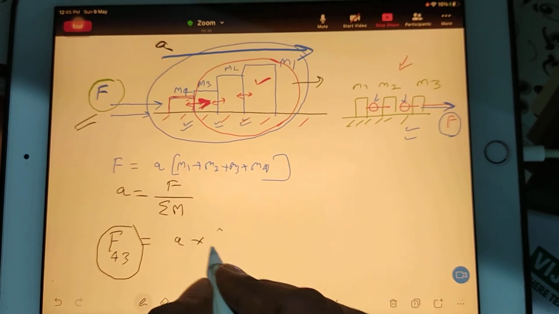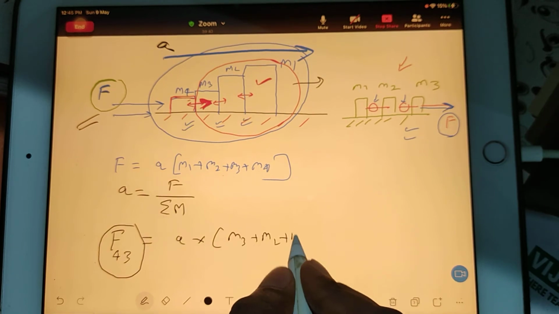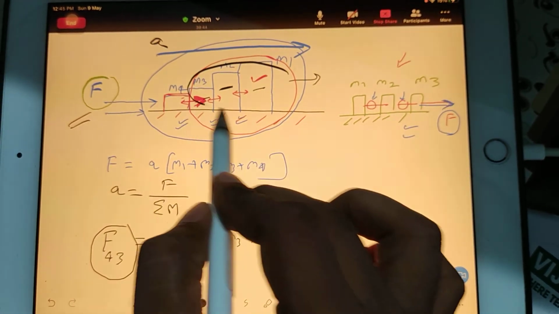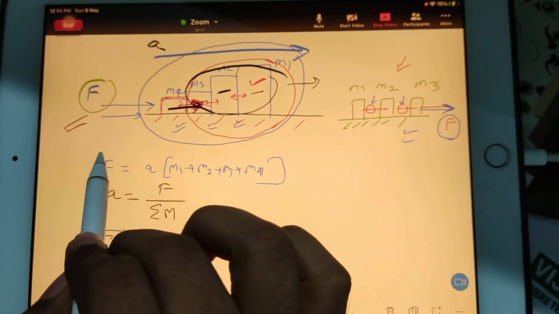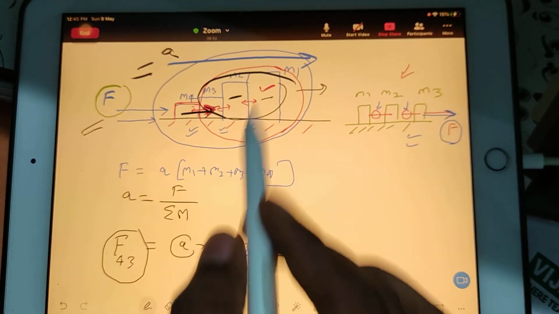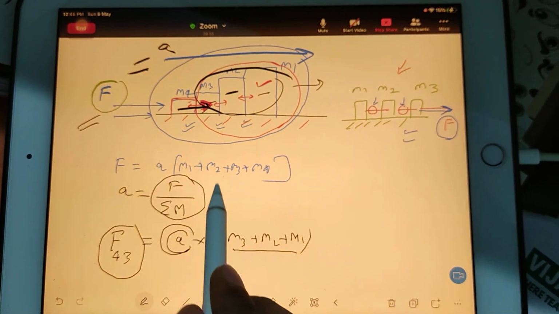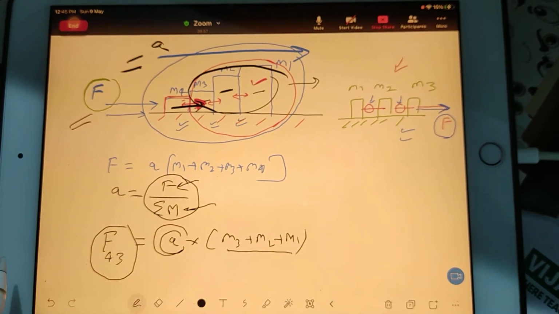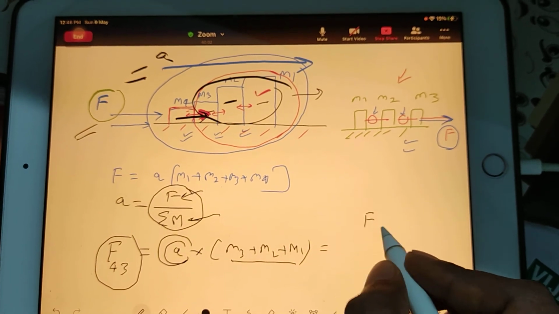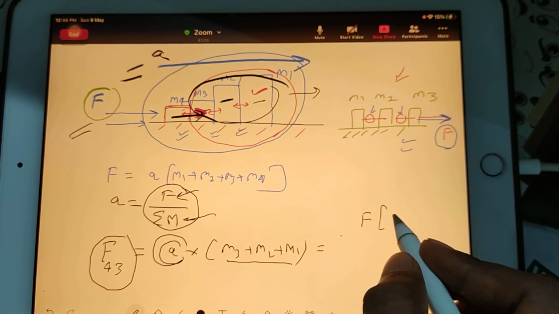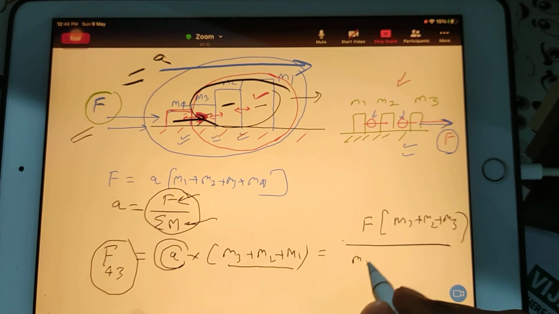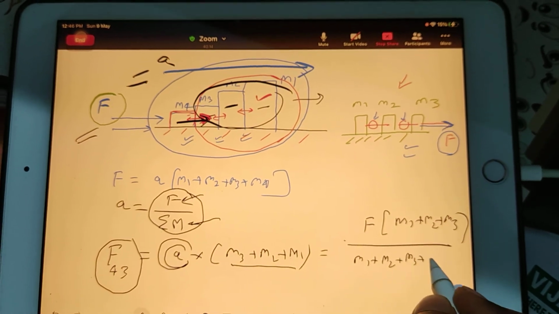So the contact force is acceleration into m3 plus m2 plus m1, right? Because all three masses are being pushed by this contact force. The acceleration is common, and we already have it in terms of total mass and applied force. So you can open this formula: it will look like the applied force times m1 plus m2 plus m3, divided by the total mass, m1 plus m2 plus m3 plus m4.